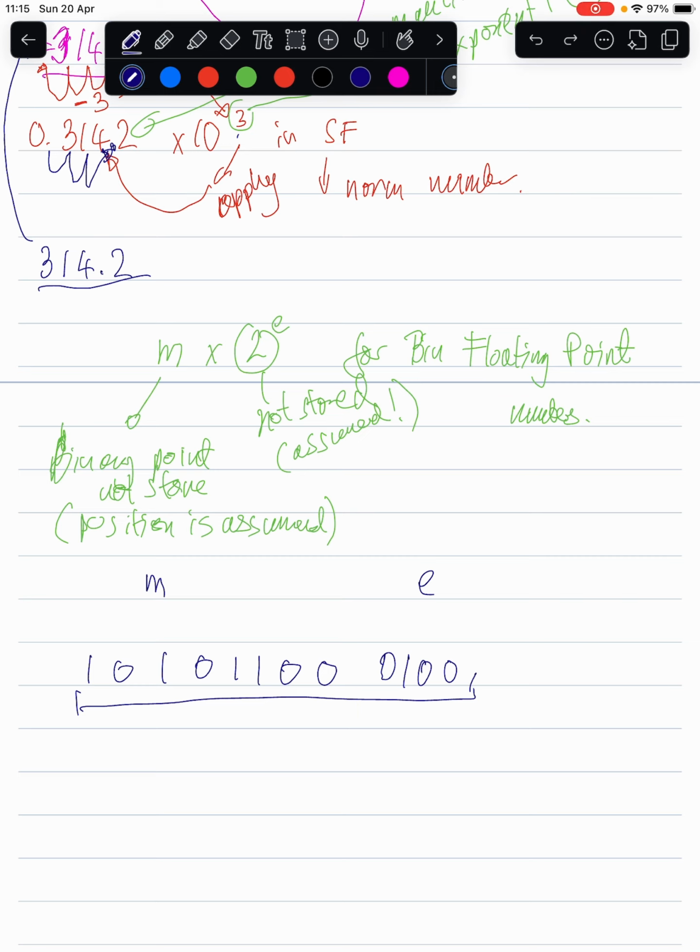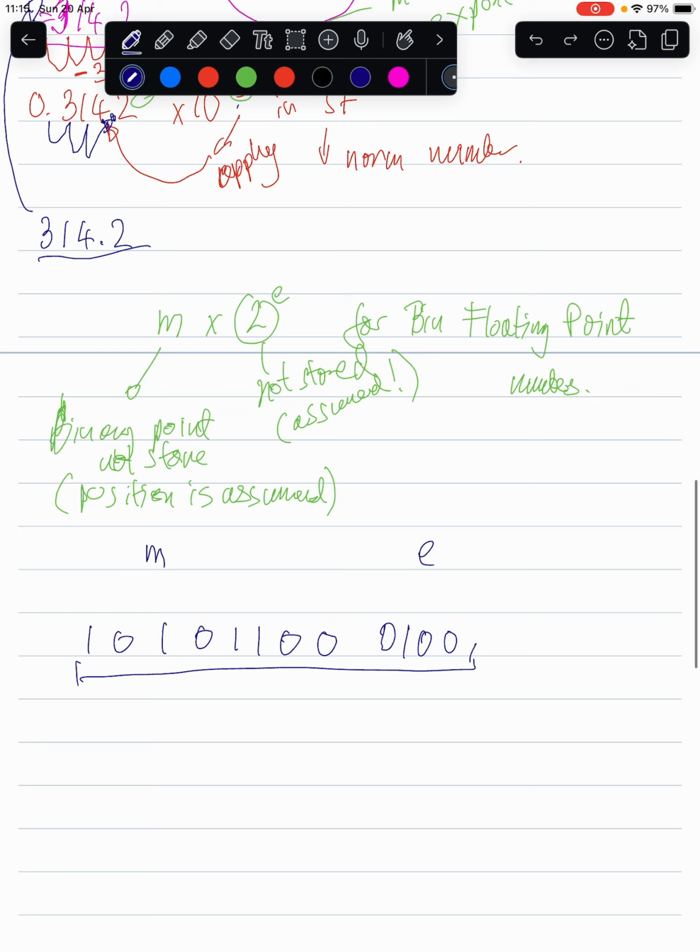So what this means is that is going to be 1 0. So I don't have to write all that again because I can write like this: M times 2 to the 1 0 1 0, or M times 2 to the E. That's what that actually means.